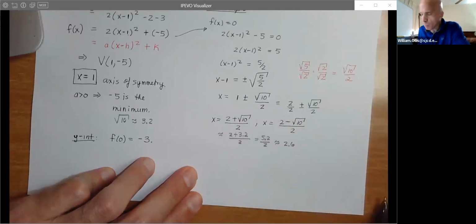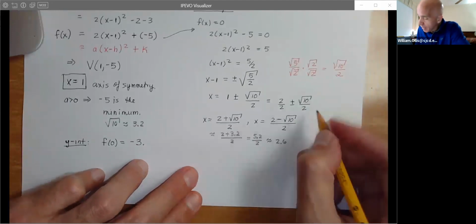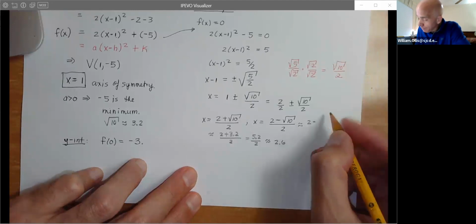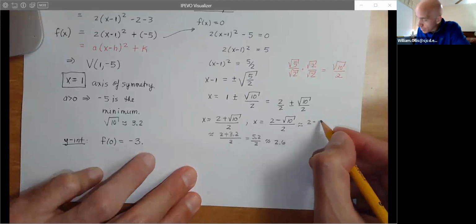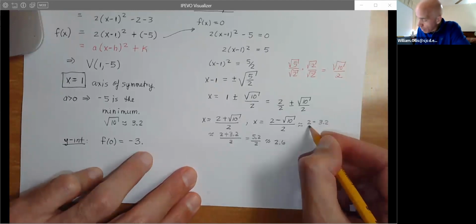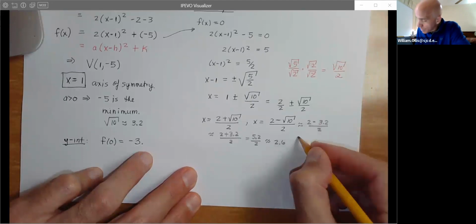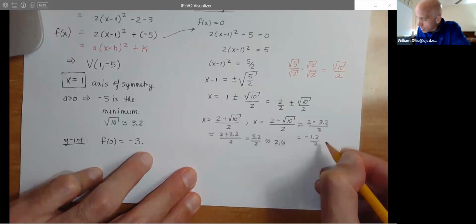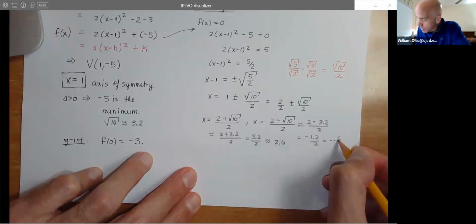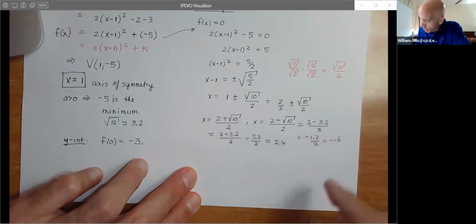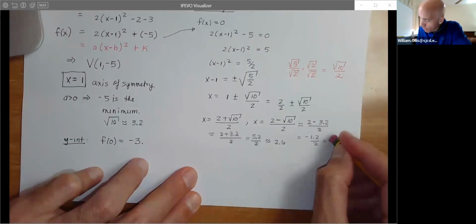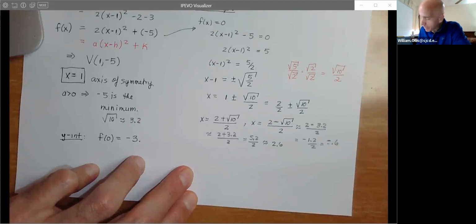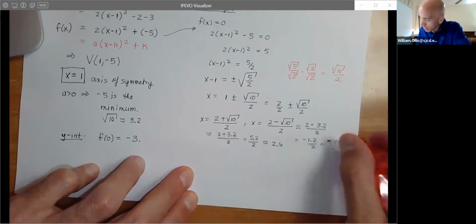Again, rough estimate. We just want a cheap graph. And here we'll say this is approximately 2 minus 3.2 over 2. So this gives us negative 1.2 over 2, which gives us a negative 0.6. Let me bring that up a little bit. So we just do a rough estimate to get a reasonable picture here.